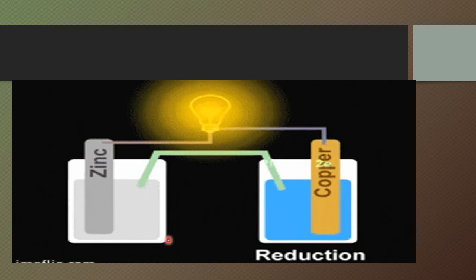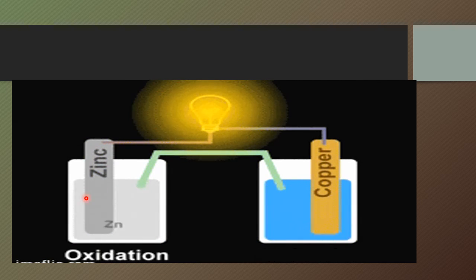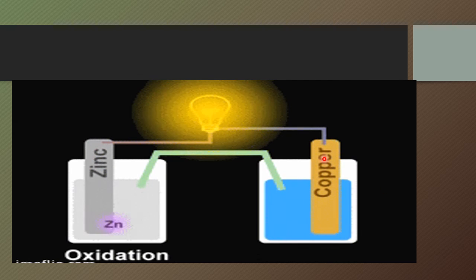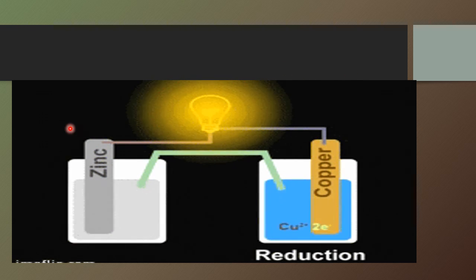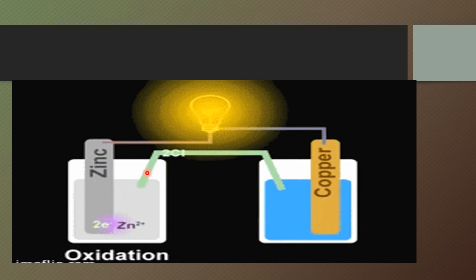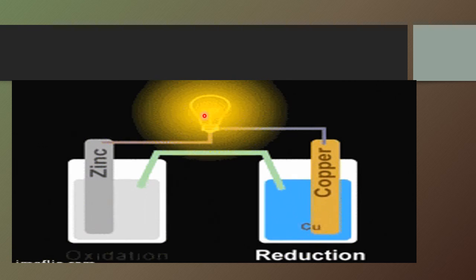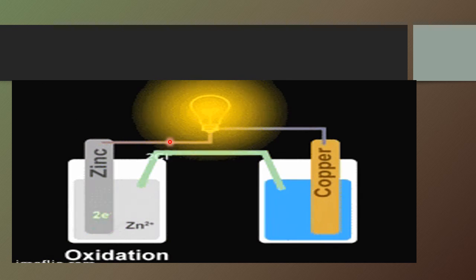So these are the two half cells. This is one half cell on which oxidation is occurring, and on the second half cell reduction is occurring. So this entire Voltaic chemical cell is causing the redox chemical reaction to convert into electric current, and due to the flow of electric current, this bulb is glowing.